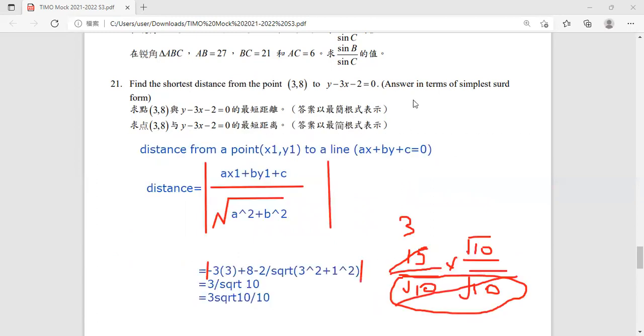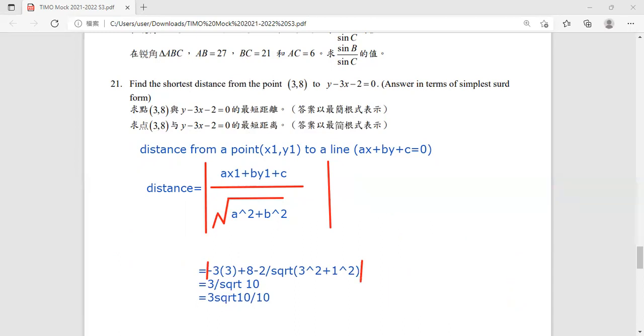I will select these things. I think I will cover it up. I show you.